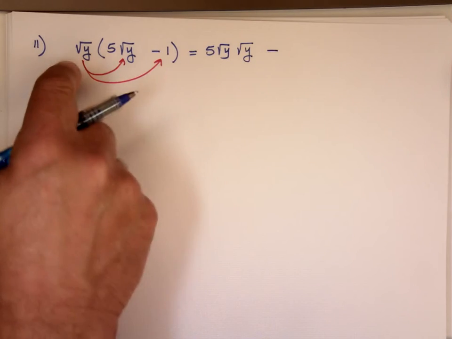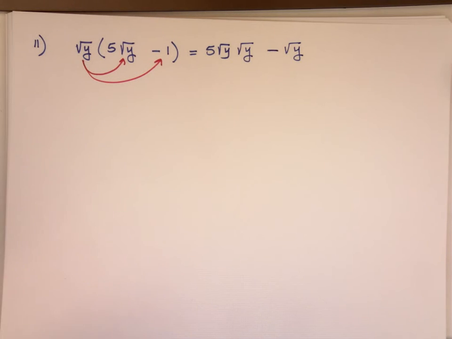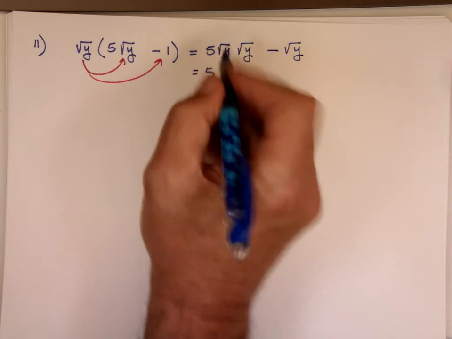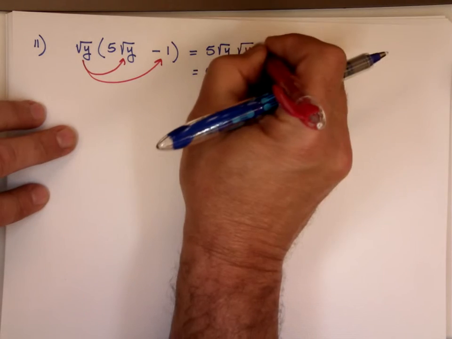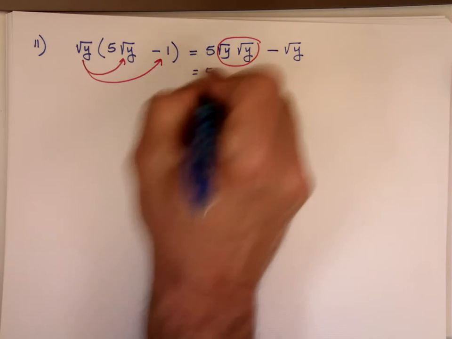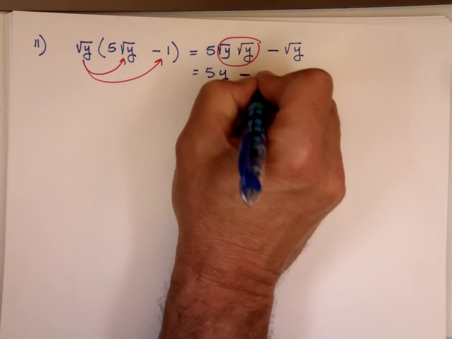Square root of y times 1 is the square root of y. Is the 5. When you multiply a square root by itself, you lose the square root. You end up with y, so it's 5y minus the square root of y.